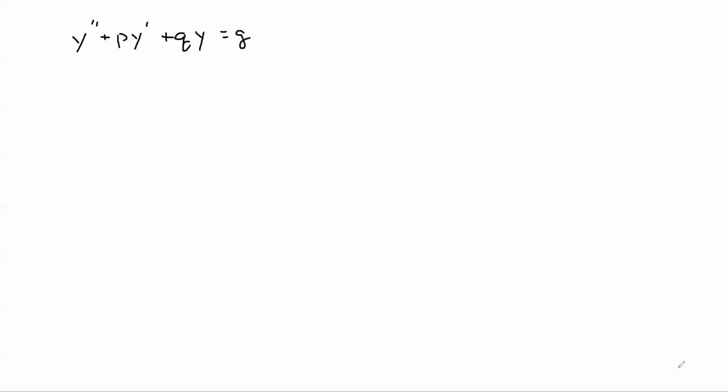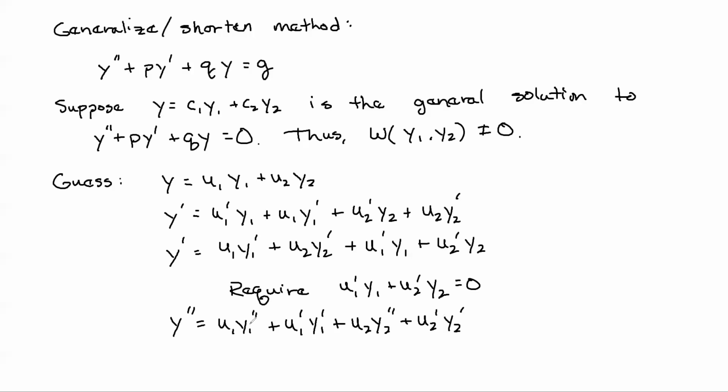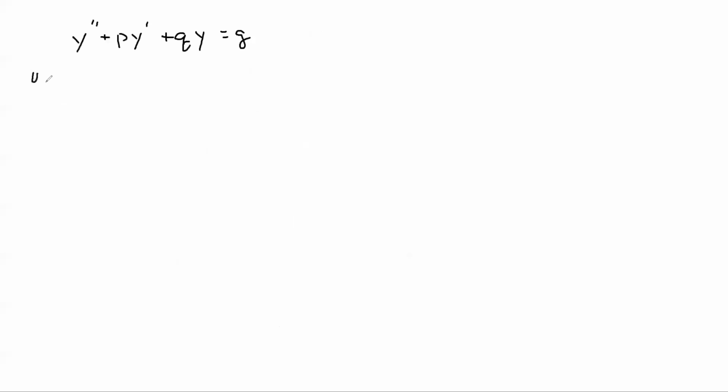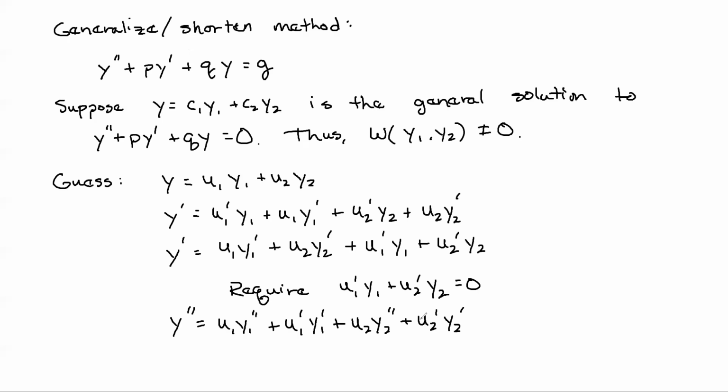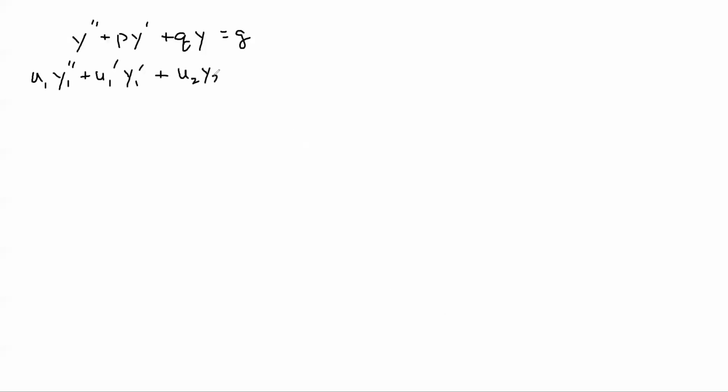All right, and then y double prime is this. So it's u1 y1 double prime plus u1 prime y1 prime, and then u2 y2 double prime plus u2 prime y2 prime.